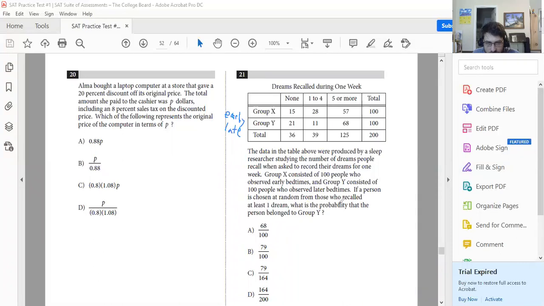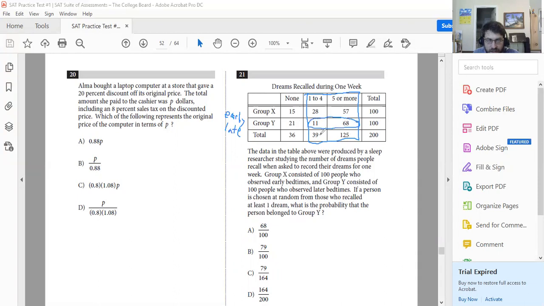If a person is chosen at random from those who recalled at least one dream, what is the probability that the person belonged to group Y?